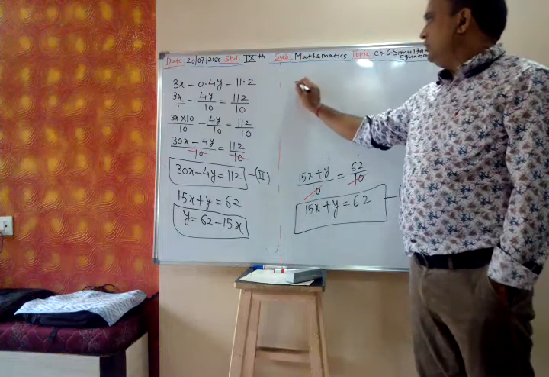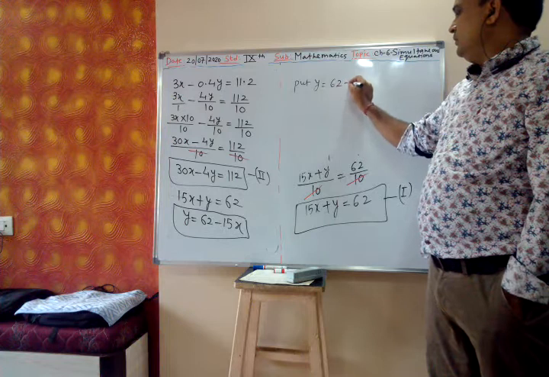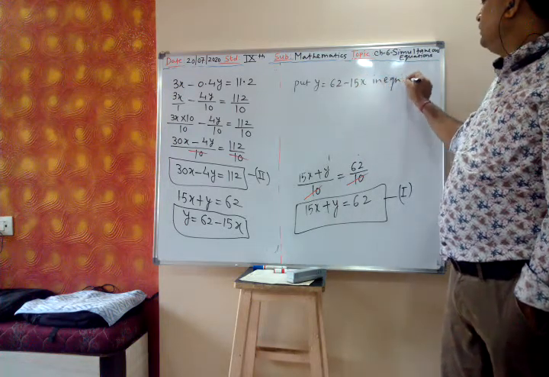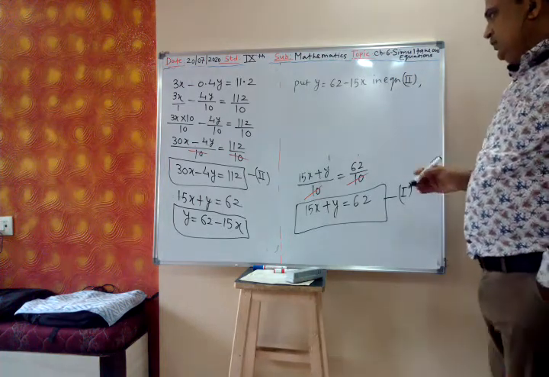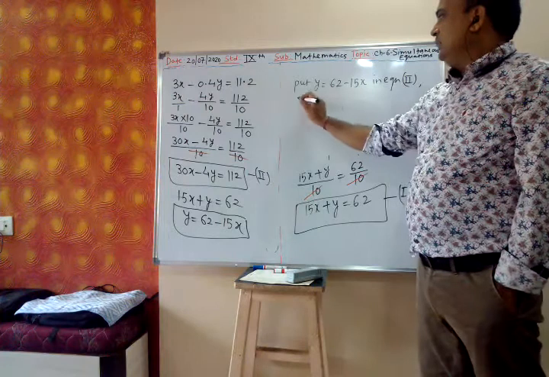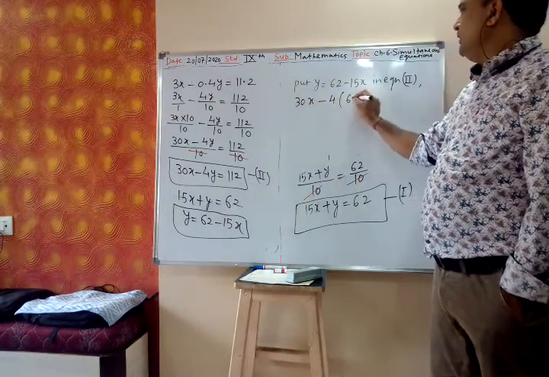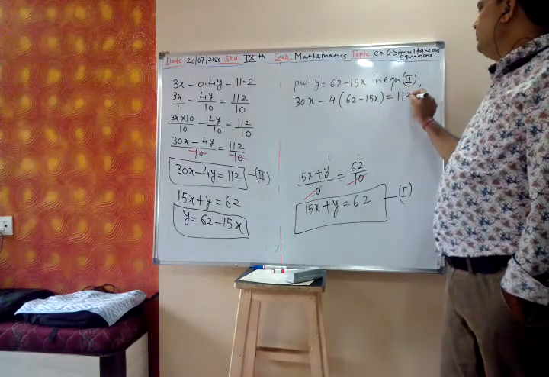So put y is equal to 62 minus 15x in equation 2. So equation 2 is 30x minus 4y, y is 62 minus 15x, is equal to 112.